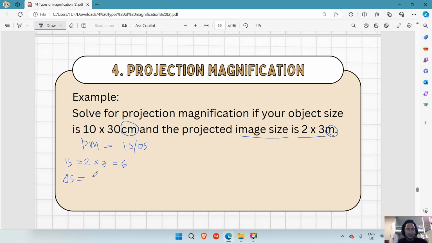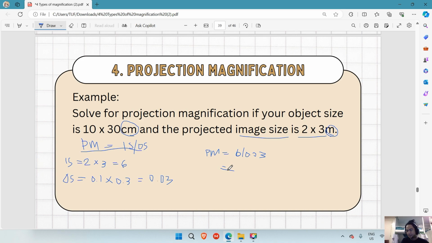So 10 divided by 100, since centimeter to meter, is equal to 0.1, and 30 is equal to 0.3, which gives 0.03. And then following PM is equals to ISOS, so 6 over 0.03.